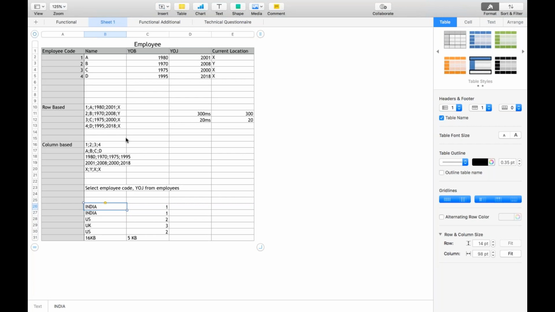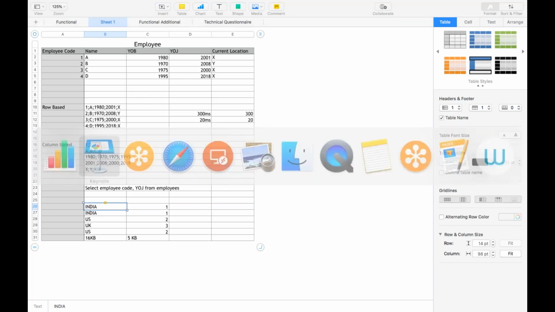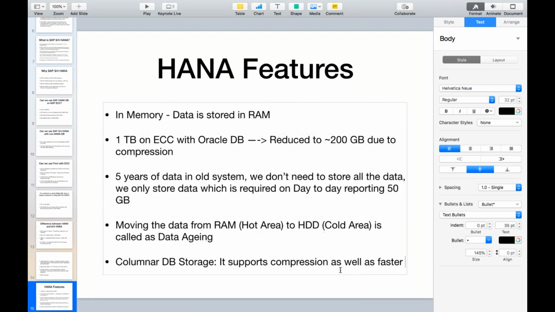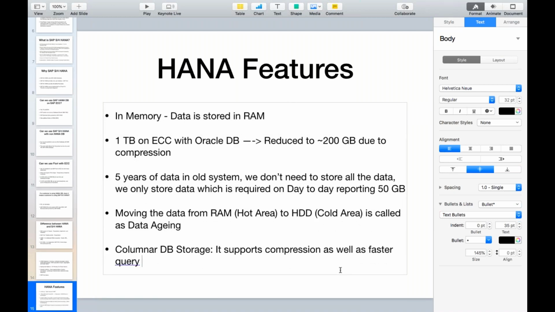So if you are storing the data in the column-based form, you are getting 2 things. What are those 2 things? It supports compression as well as faster query processing, which helps in faster reporting. Okay, so faster query processing is providing you faster reporting. What about compression?